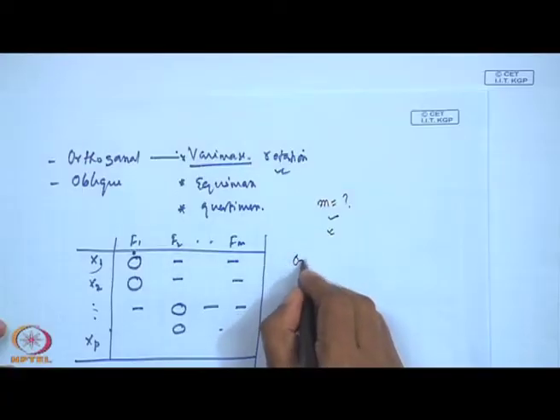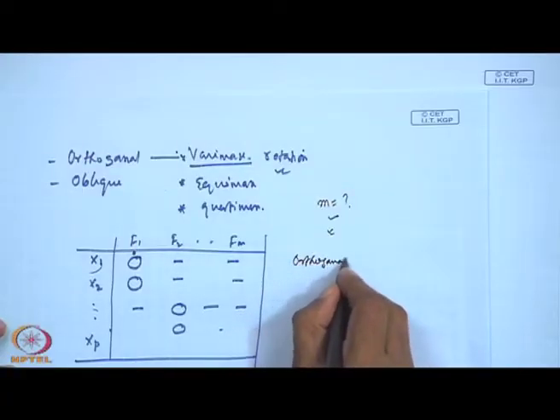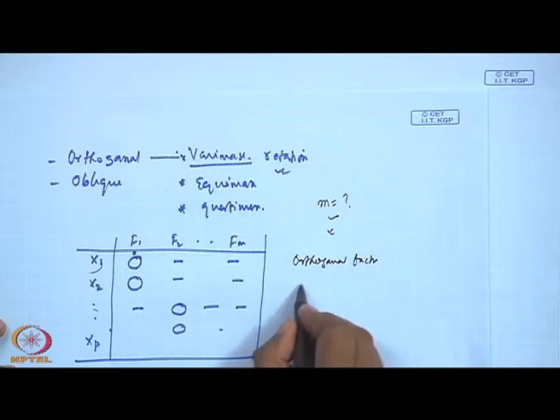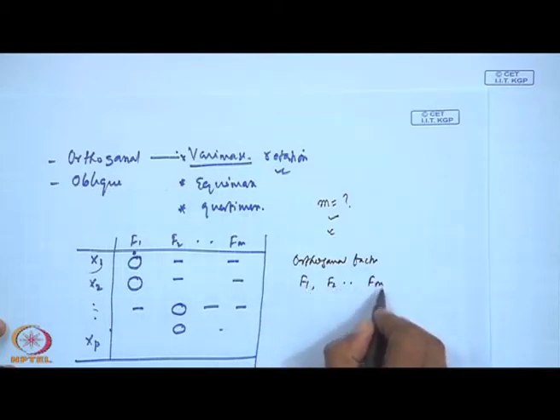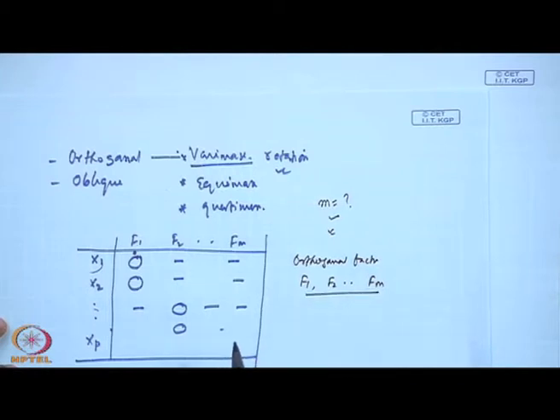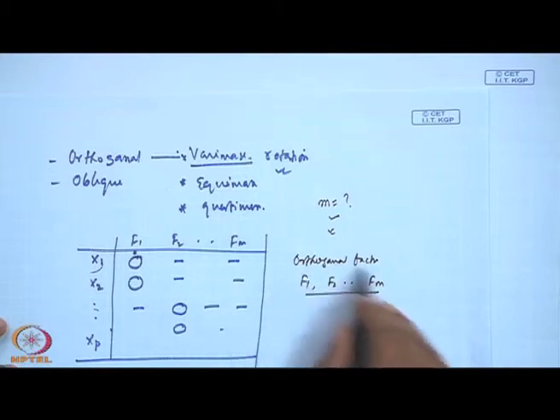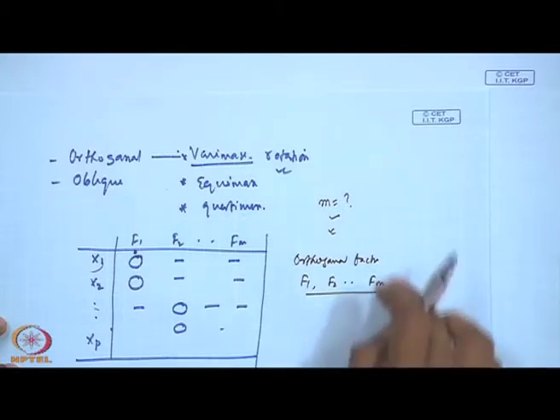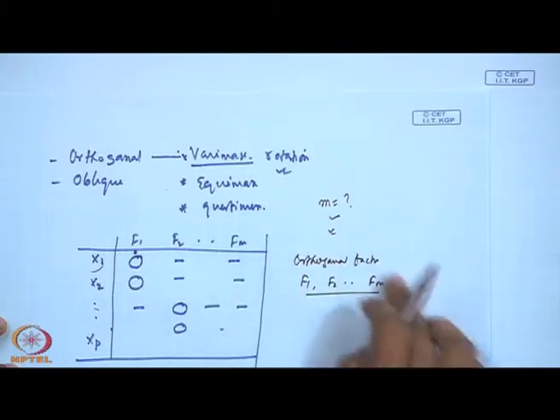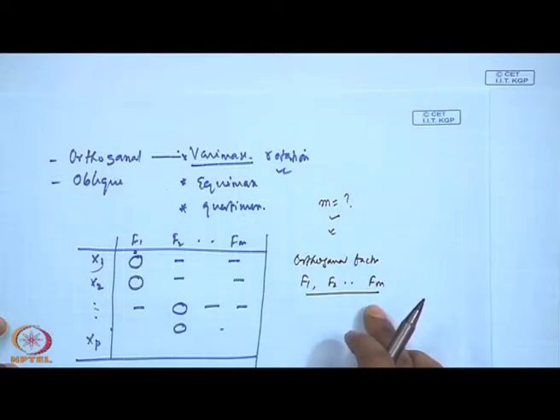What is the other purpose? Suppose I go for an orthogonal factor model, so whatever factors you are basically obtaining, they are independent of each other. So, like principal component analysis, these factors, like principal components, can be treated in subsequent regression analysis where they will be used as independent variables.